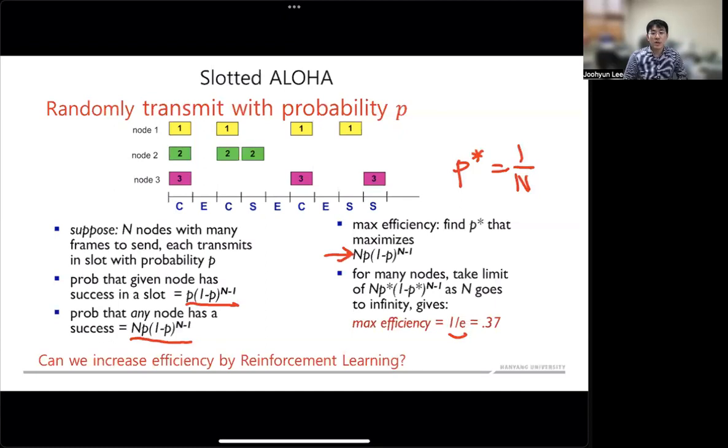So the question that I want to answer in this work is, how can we increase the efficiency by using reinforcement learning? We assume the same slotted system as slotted Aloha, but we want to change the policy using reinforcement learning to achieve higher efficiency than slotted Aloha.